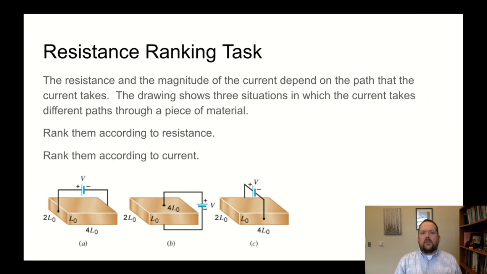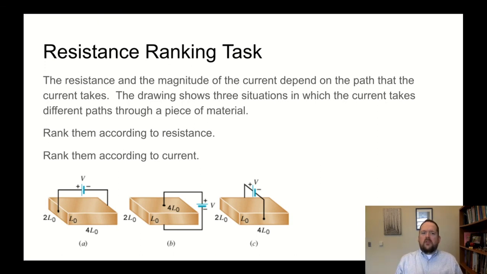So we're going to wrap up this lecture by asking you to think about a ranking task related to resistance, but also voltage and current here. So the resistance and the magnitude of the current depend on the path that the current takes. So the drawing shows 3 situations in which the current takes different paths through a piece of material. So the piece of material is always 4L long, 2L wide, and 1L tall.